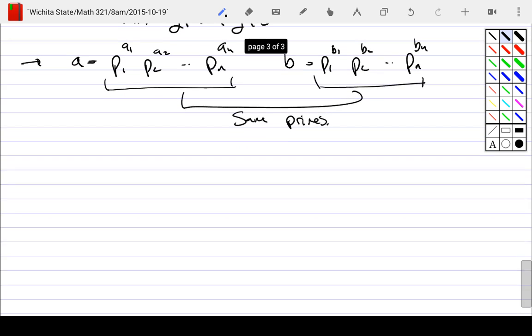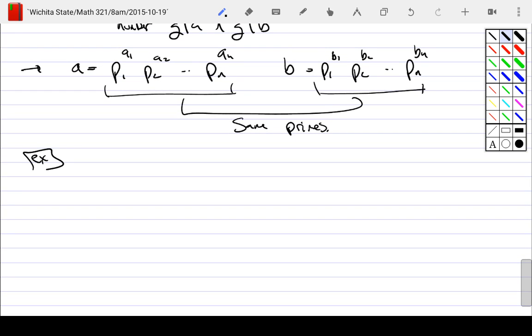So I've done a prime factorization. Say, for example, 12 is equal to 2 squared times 3, and say 15 is equal to 3 to the 1 times 5 to the 1.